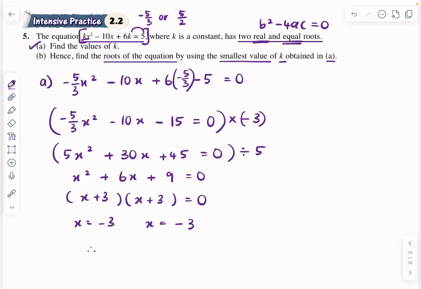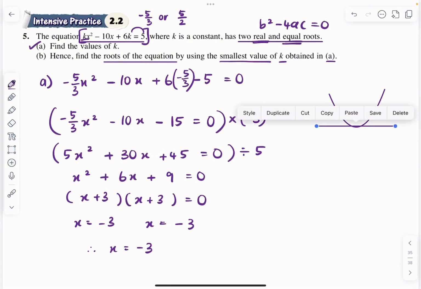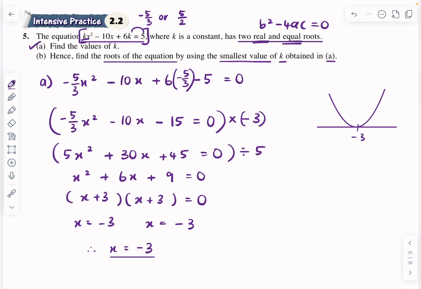So our roots are negative 3 and negative 3, which is what the question said. We get two real and equal roots. So both of our roots will be equal. That means it cuts only at one point here, at negative 3. So our root will be negative 3. Done.